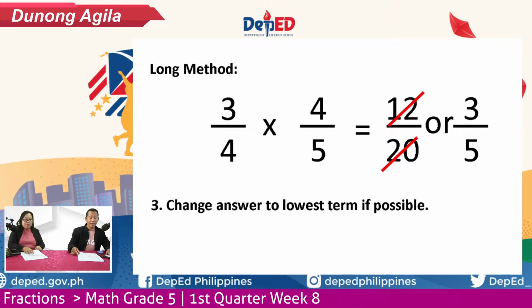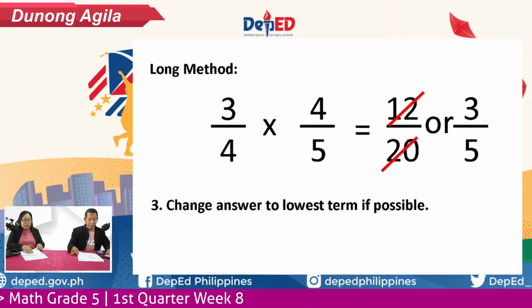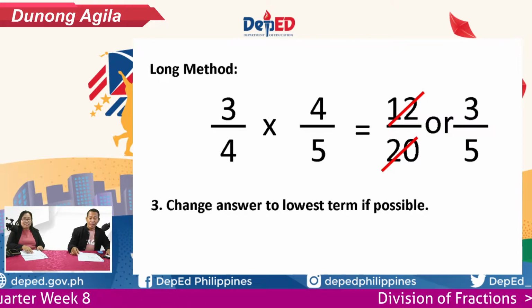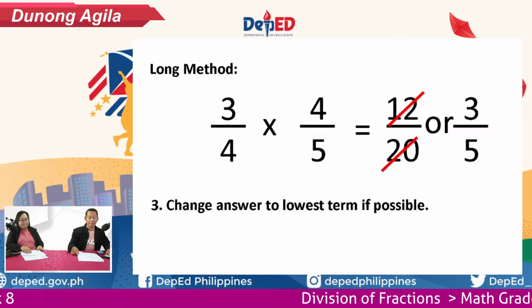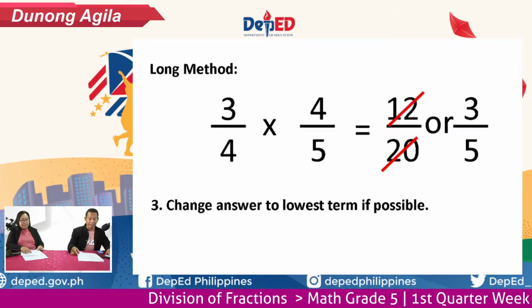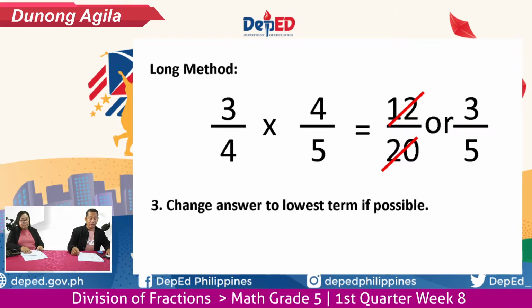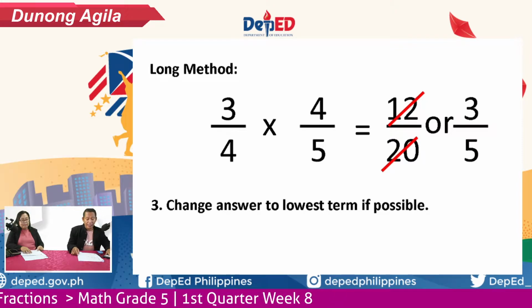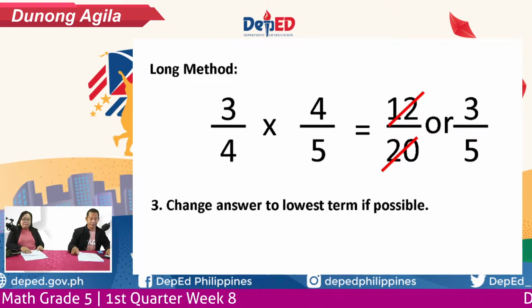And both will be cancelled to 1. What shall we do then, Sir Rod? That's a good question, Ma'am Joy. After cancellation, we'll follow the steps in multiplying fractions mentioned in the long method. And that is numerator times numerator, denominator times denominator, giving us a product of 3/5.